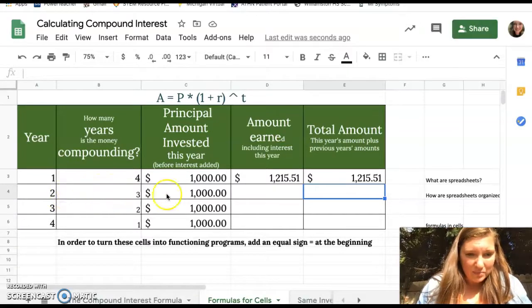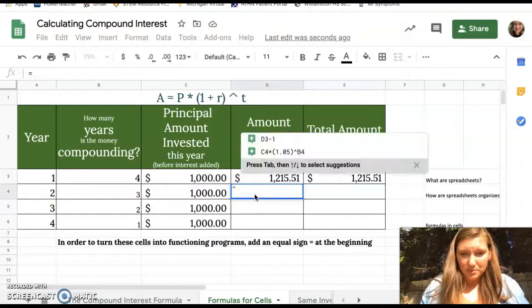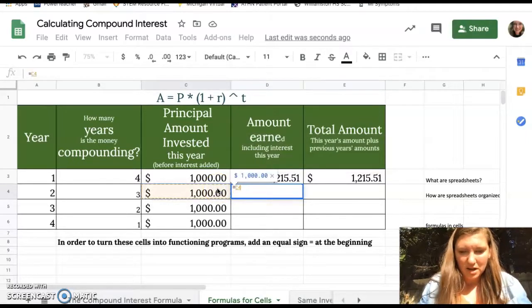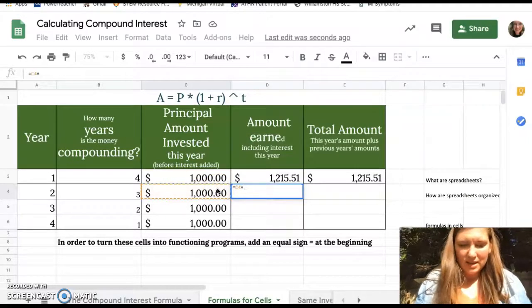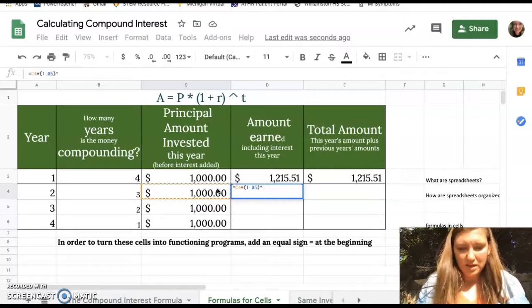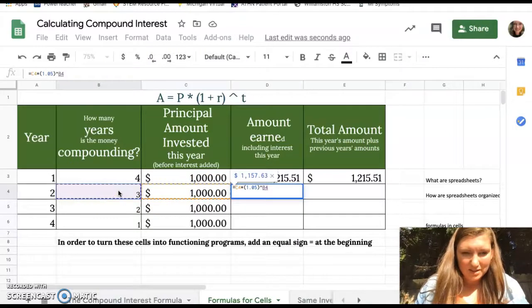So now I'm going to use that same formula again. I'm going to say equals, to let the spreadsheet know that I'm doing a formula here, equals, now this is going to be the principal amount, which is $1,000, so we can just click there, C4, times, in parentheses, 1.05 to the, that cell power, because it's 3 years.